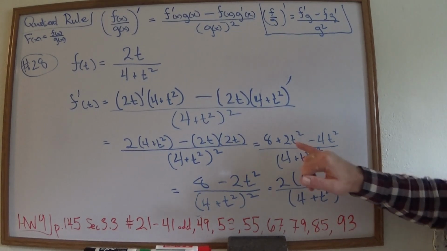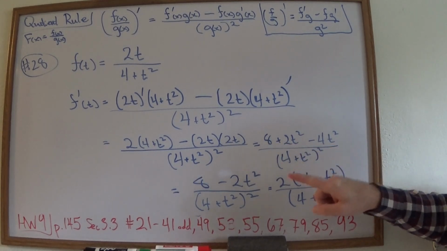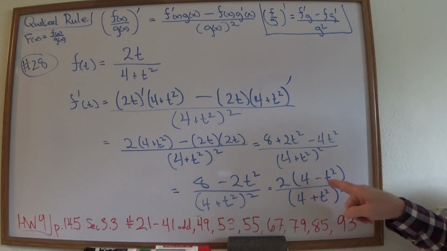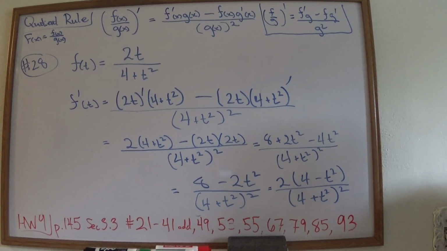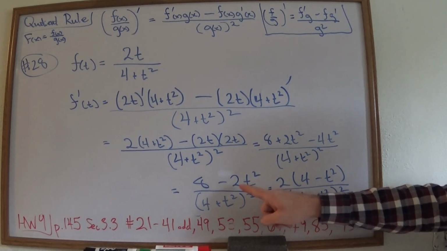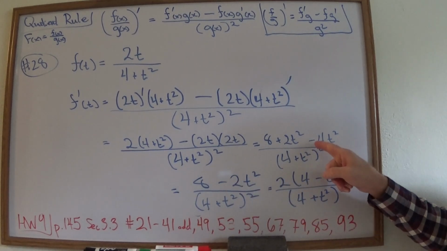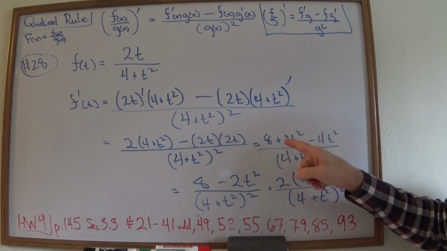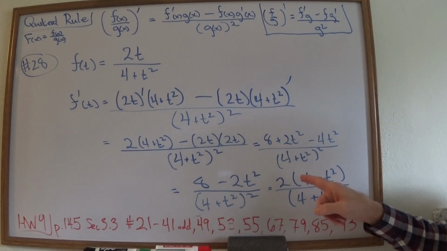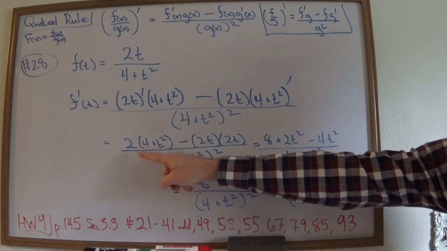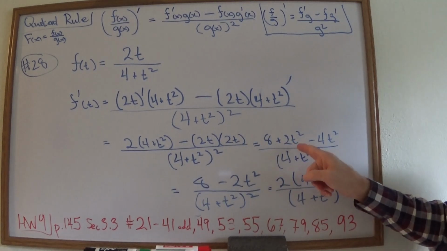So 2 times 4 plus t squared minus 2 times 4 minus t squared. He just factored out the 2. That's a minus up above. That's 8 plus 2t squared.